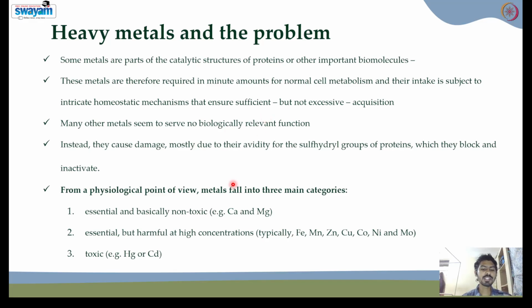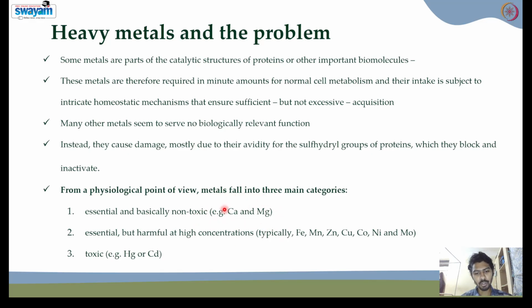From the physiological point of view, heavy metals are categorized into three main categories. One is essential and basically non-toxic. You can think of these kinds of metals as friends, essential helpers. They are needed for life. For example, calcium and magnesium act as vitamins for the microbes.